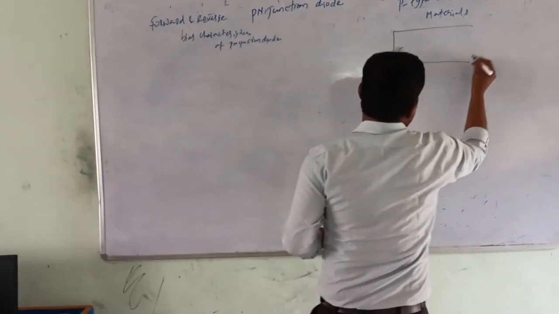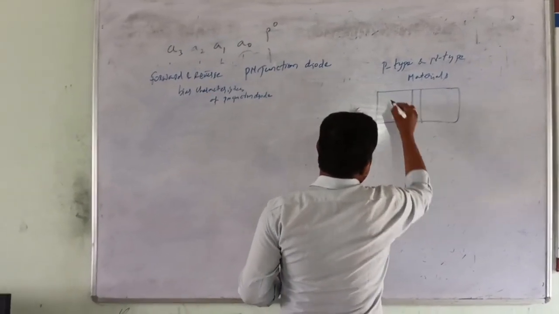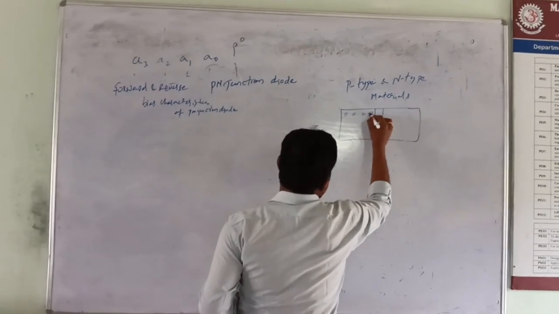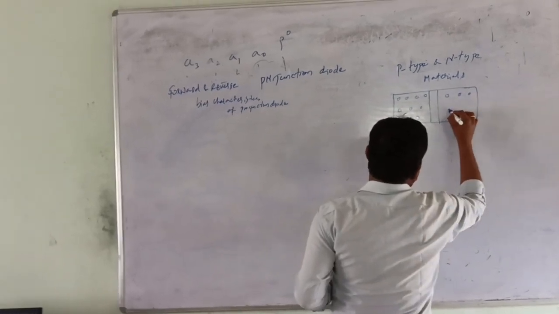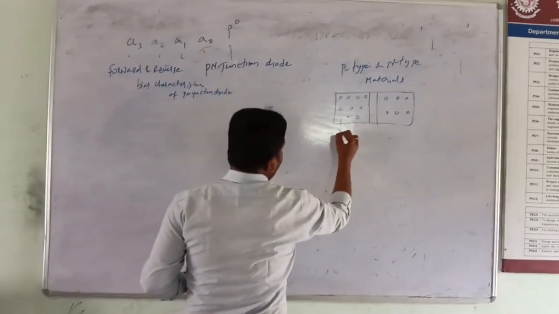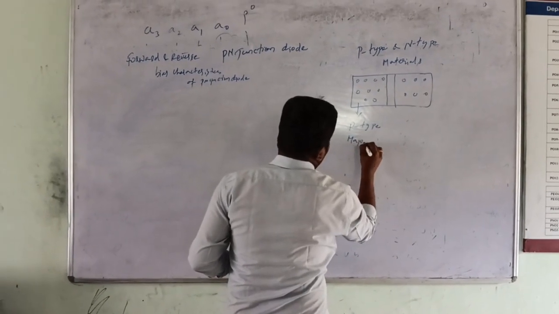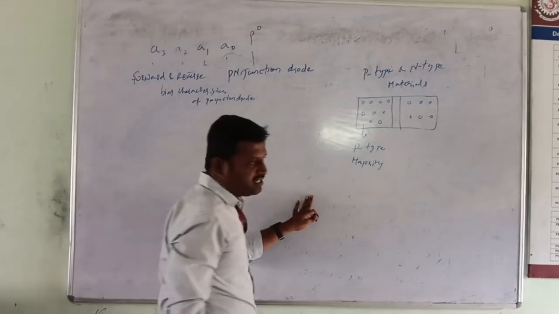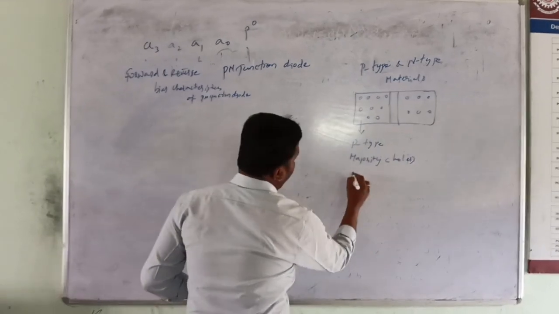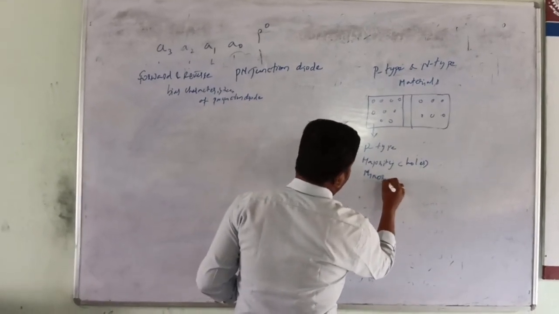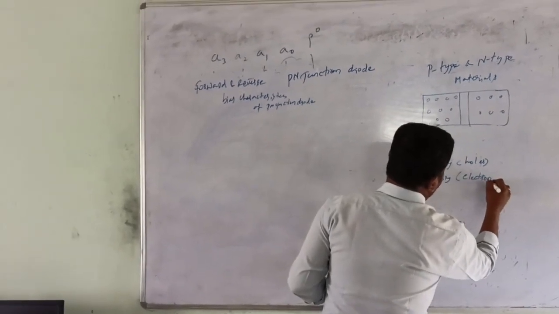See in the diagram, we have P-type materials and N-type materials. In the P-type material, the majority charge carriers are holes and minority charge carriers are electrons.